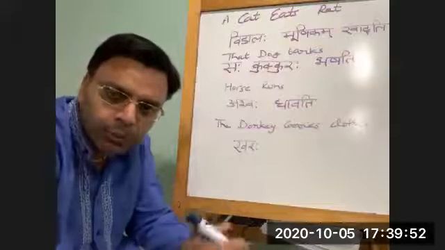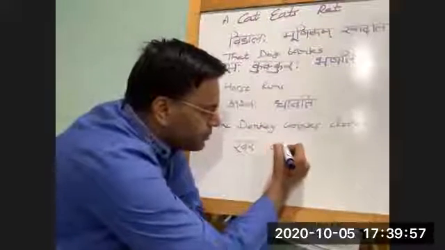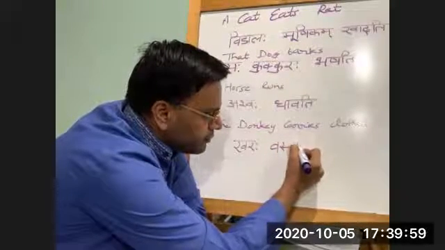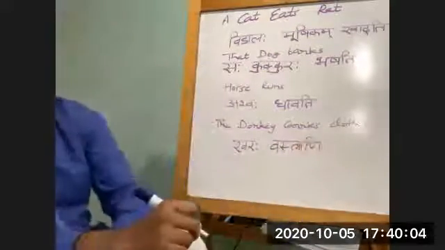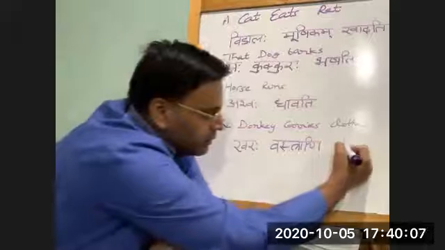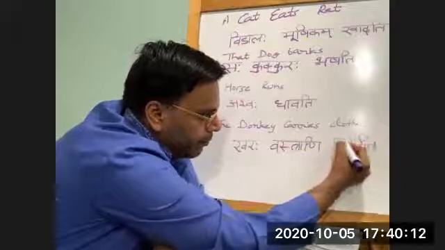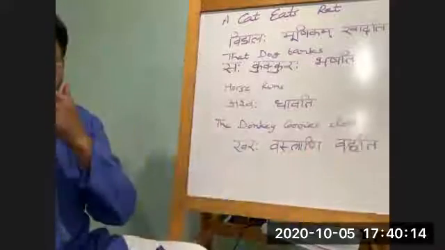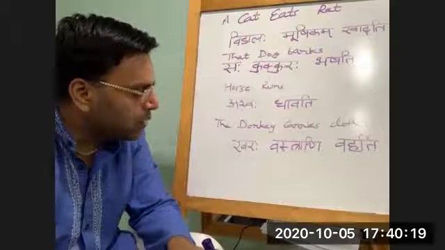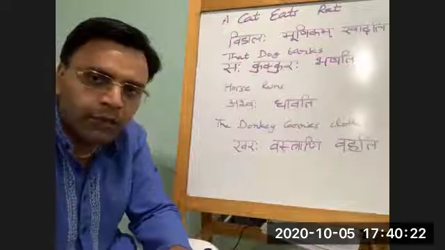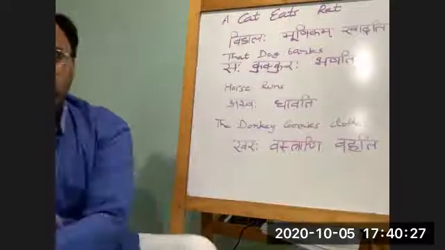Clothes, plural, is vastrani. So khara vastrani vahati. Donkey carries clothes. Okay, hopefully you're all getting it so far.